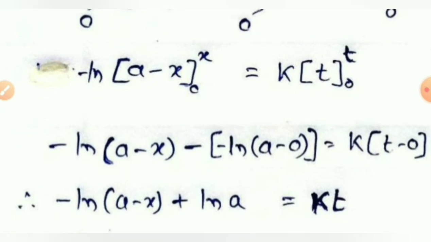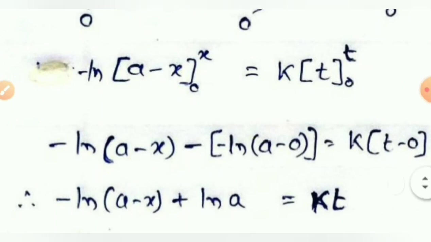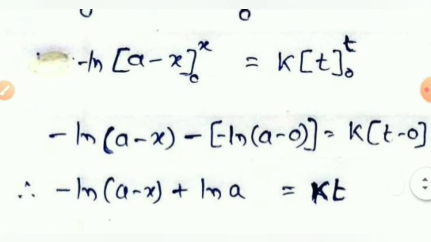Now put the values of the upper and lower limits. We will get minus ln of A minus x, where the value of x is the upper limit x. Again minus ln of A minus x, where the value of x is 0, equal to k into, putting the upper limit t and lower limit 0, t minus 0.